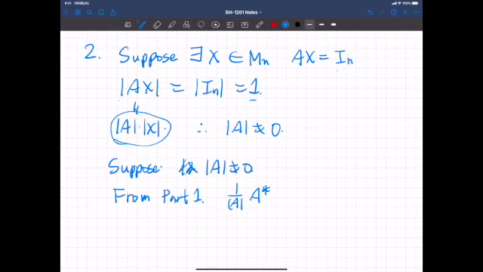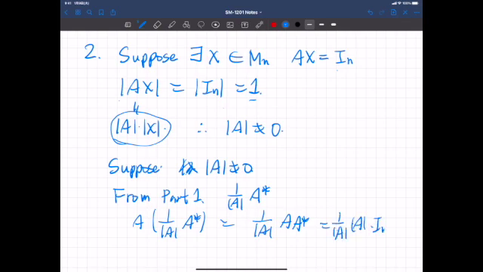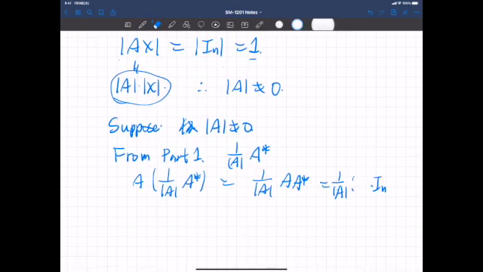Because A times this matrix is A A star, which is determinant of A times the identity matrix, but the determinant cancels, so we get the identity matrix. So this is indeed a right inverse. So that proves part 2.